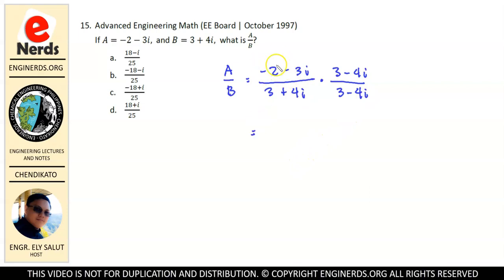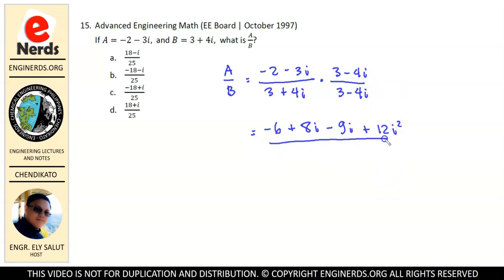Okay? So, negative 2 times 3, we will have negative 6. Negative 2 times negative 4i, we will have plus 8i. Then, negative 3i times 3 will have negative 9i. Then, negative 3i times negative 4i will have plus 12i squared.